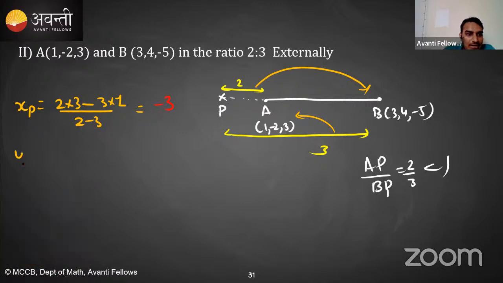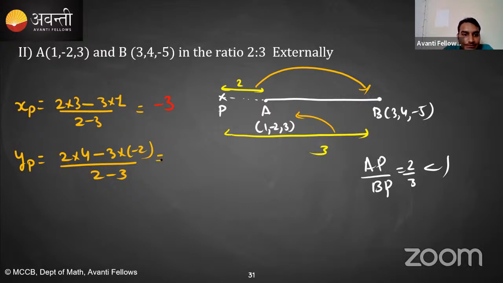Similarly, the y coordinate of P is (2 into 4 minus 3 into minus 2) divided by (2 minus 3). You will get 8 plus 6, 14 upon minus 1, which is minus 14.